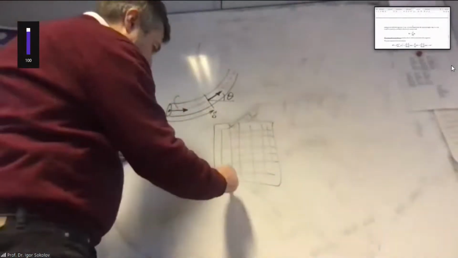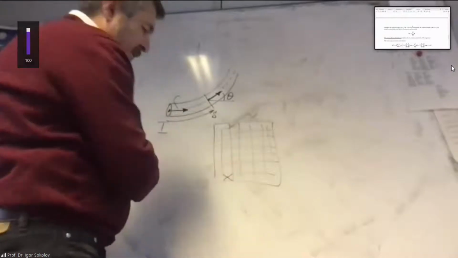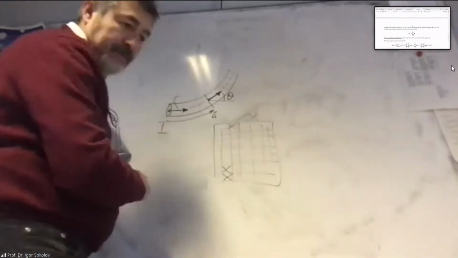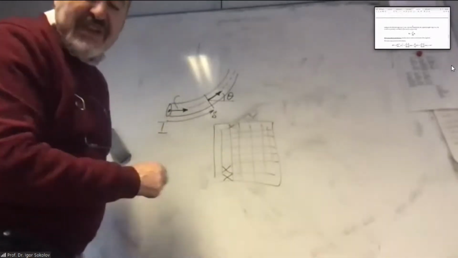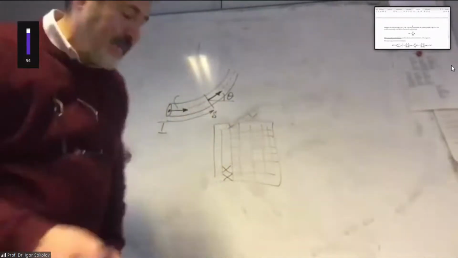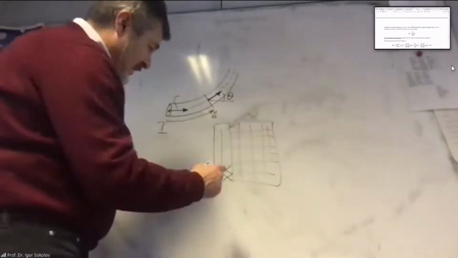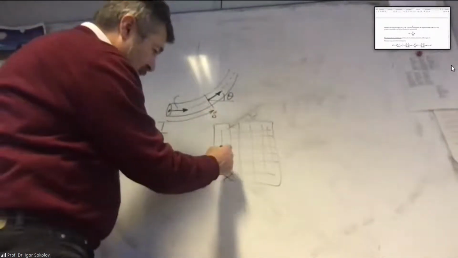And imagine that I have here a monomer, or something I describe as a monomer. Then, if the persistence length is large, the next monomer will be here.